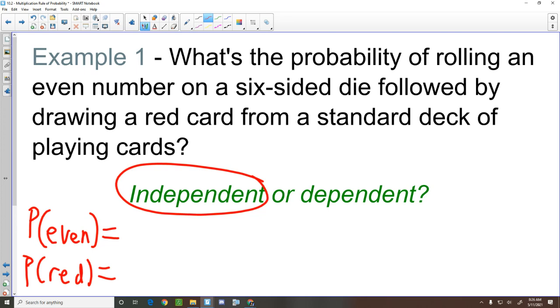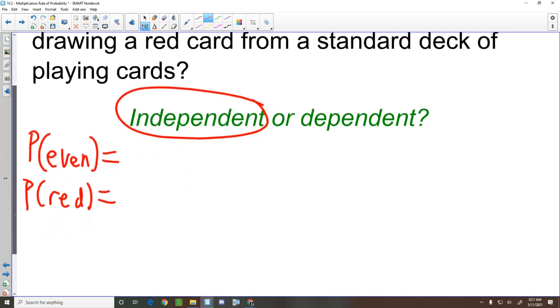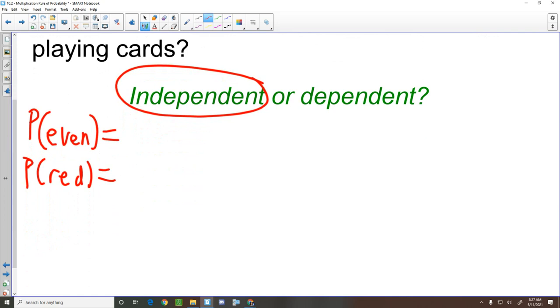So this is just straight up multiplication. Probability of the first event times the probability of the second event occurring. So then just multiply those together.